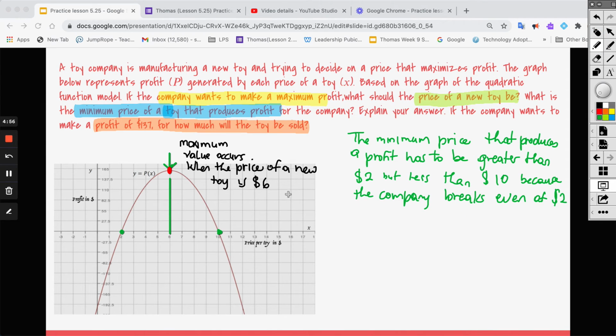Okay, now lastly, what does the price need to be if we're gaining a profit of $137? So if we're looking at this, 137 is kind of like right around here, and it's occurring in two places.